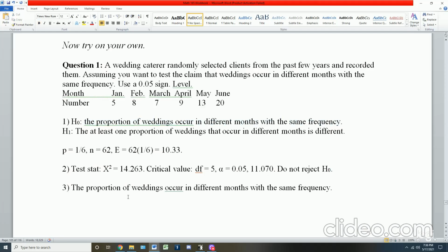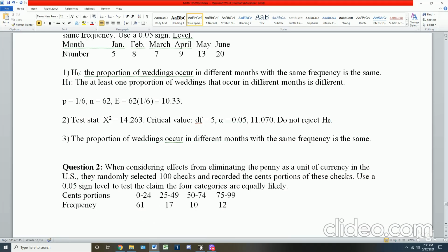That the proportion of weddings that occur in different months with the same frequency is correct. It is the same. Okay, and there we go. That's how we're going to do a goodness of fit test.